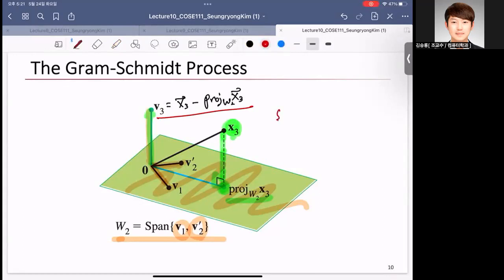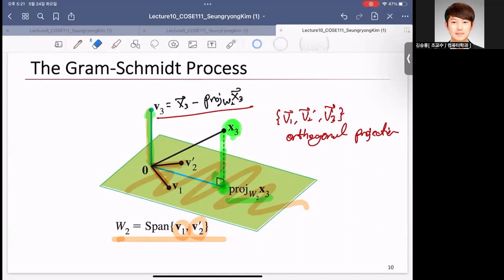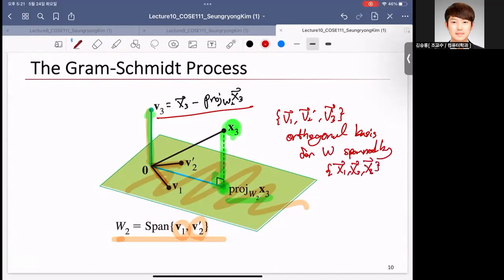In other words, we got v1, v2 prime, and v3, which is going to be an orthogonal basis for the subspace W spanned by vectors x1, x2, and x3, where x1, x2, and x3 were not orthogonal, but in this case v1, v2 prime, and v3 are orthogonal, so they form an orthogonal basis for the arbitrary subspace W. That's exactly the Gram-Schmidt process.